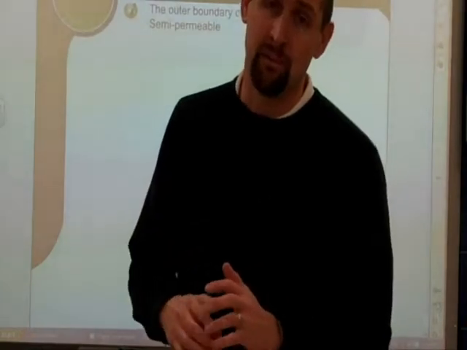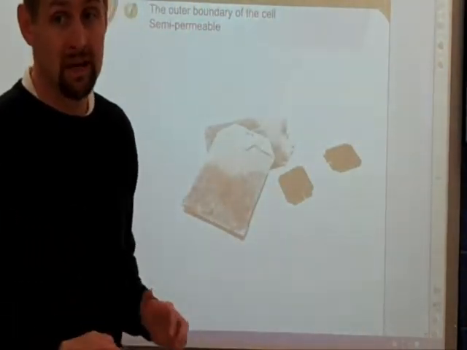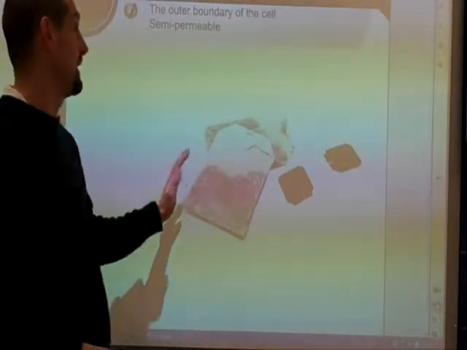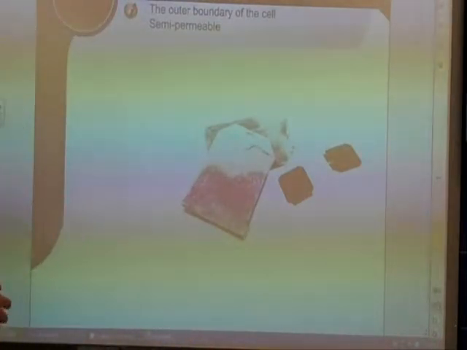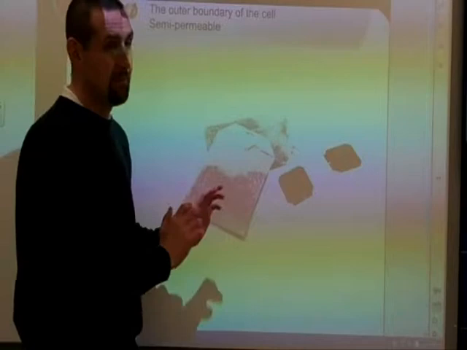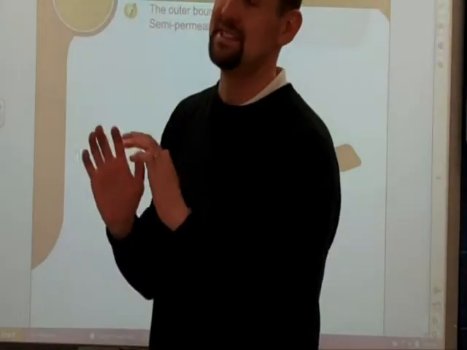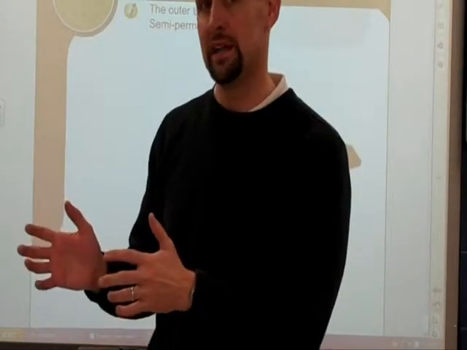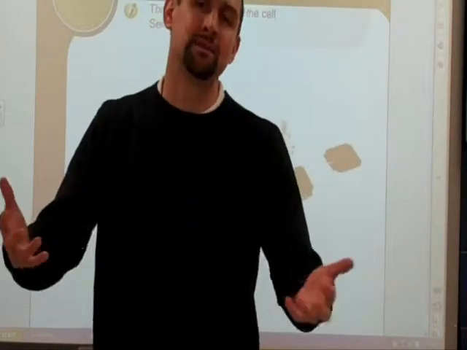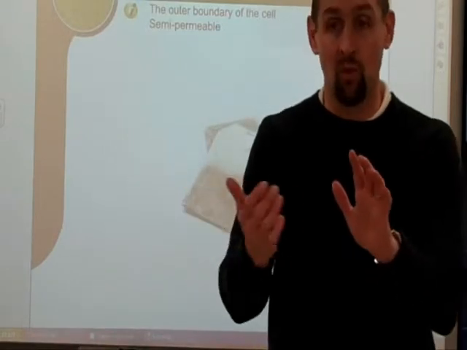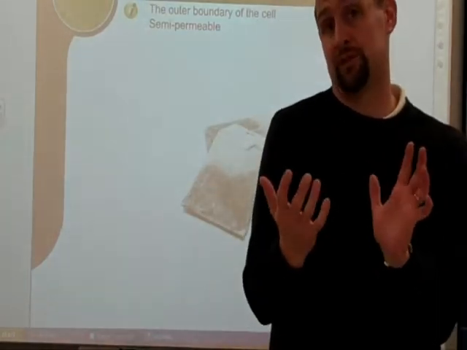The third major concept about a cell membrane is that it's a plasma membrane and that it's semi-permeable. That means that some things can enter, but not everything. And that some things stay in, or can leave, but not everything. And it reminds me of a tea bag. Because when you put a tea bag into water, you expect the water to go in and out of the membrane freely.